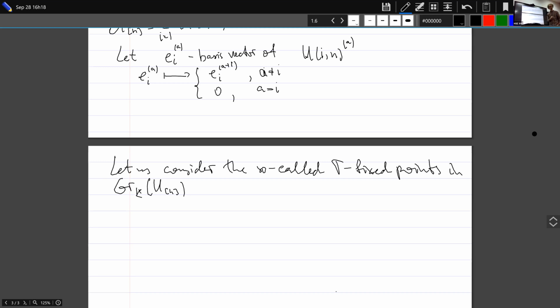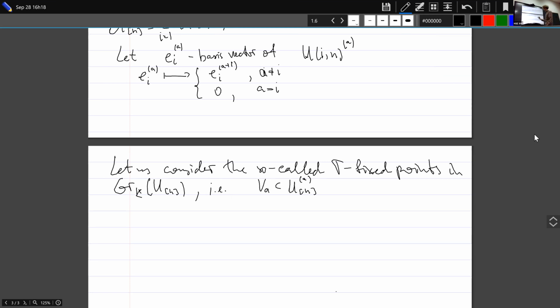So these T fixed points are actually nothing but, so as we have to choose the V^A in U_n^A, yes, for every A.